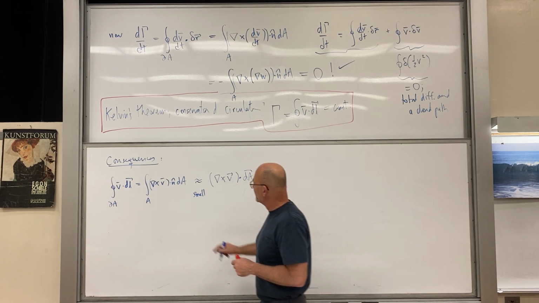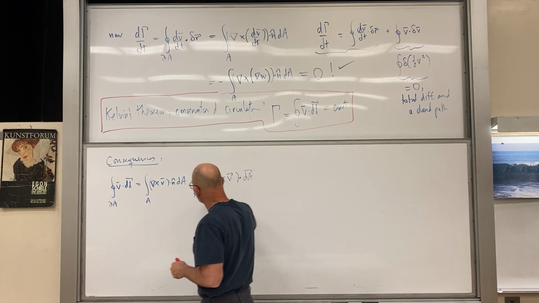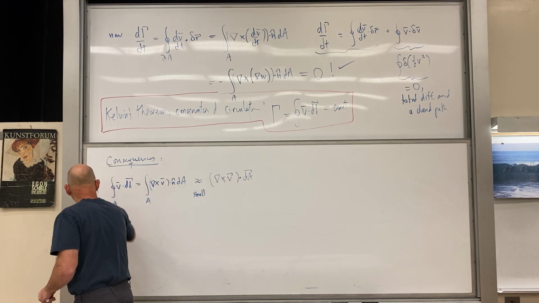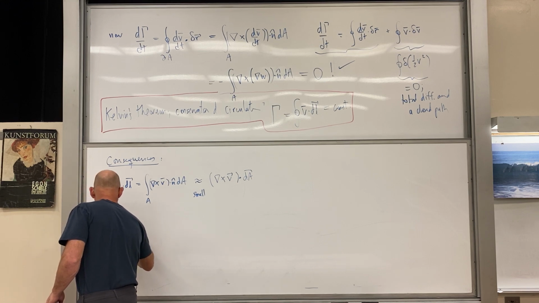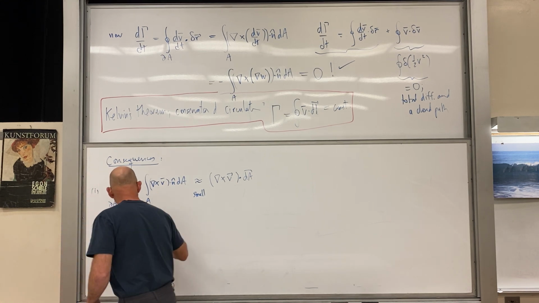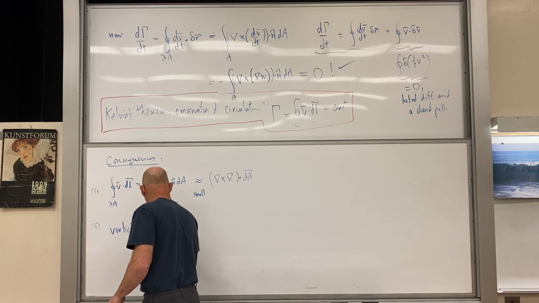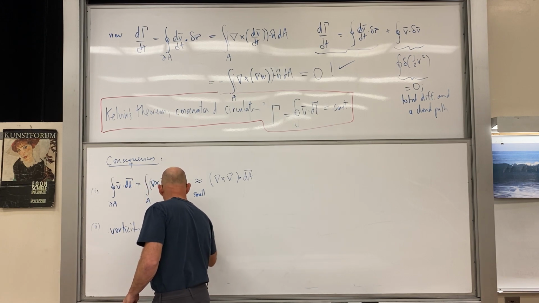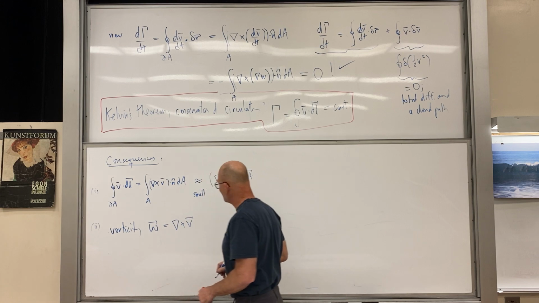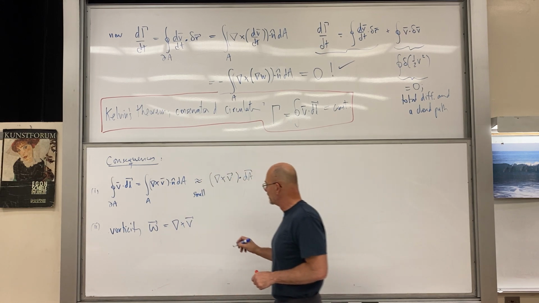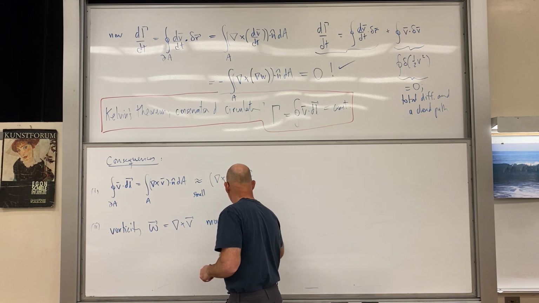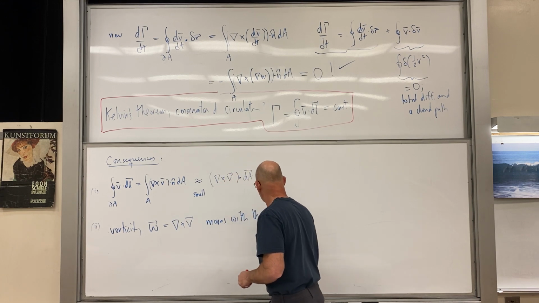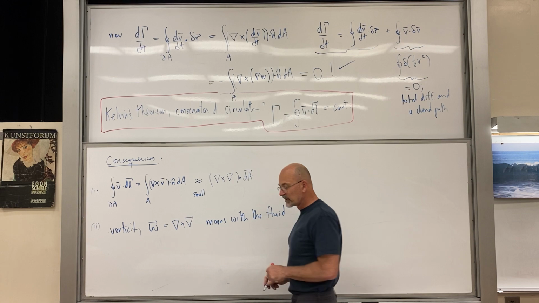So we have this thing here which is called the vorticity. So vorticity omega vector, that is the curl of V, and we see that it moves with the fluid. That's what we were just showing, right?